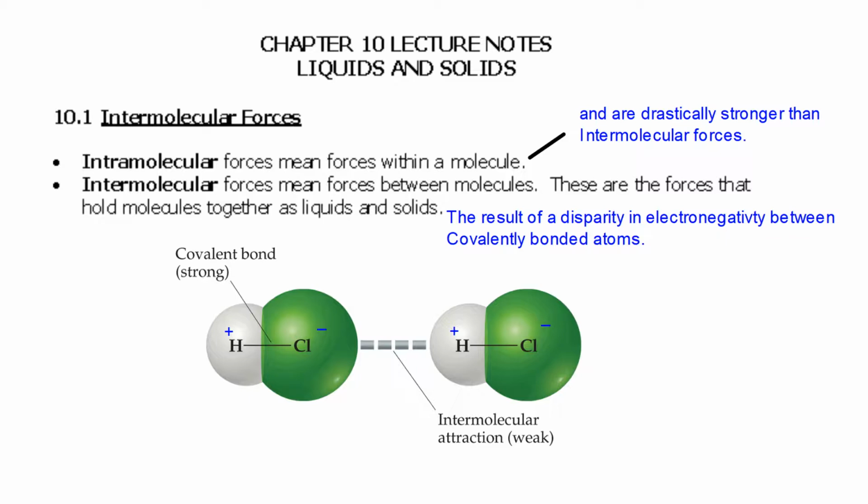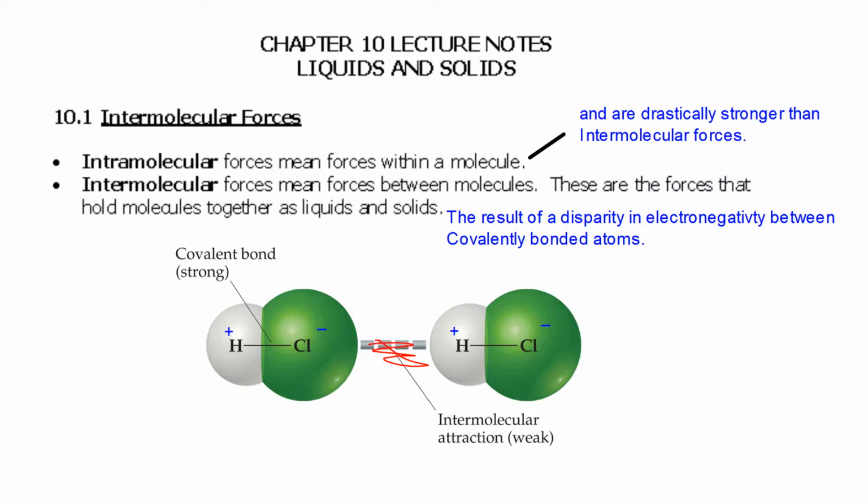Now, if we have several hydrogen chlorides floating around, they might be attached to each other. The hydrogen and the chlorine from one molecule and the hydrogen and the chlorine from the other molecule are attracted to each other, and those two molecules form an intermolecular bond.